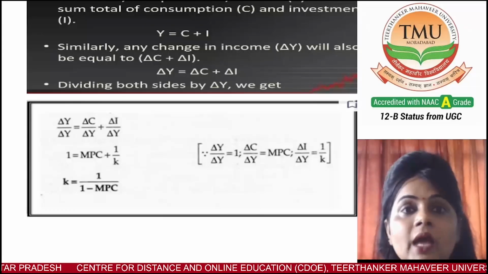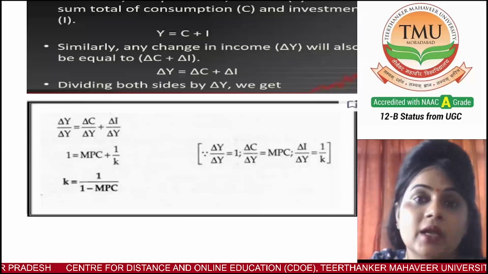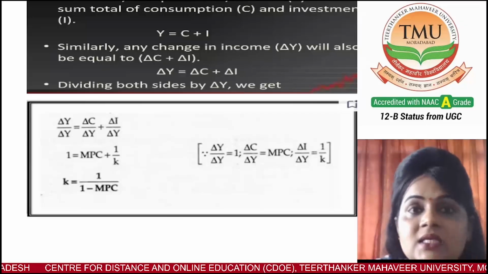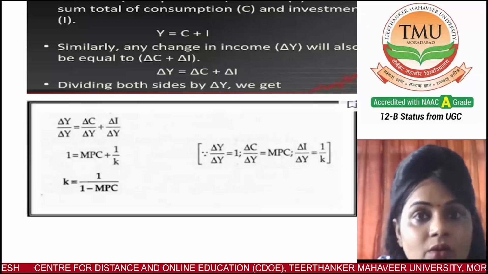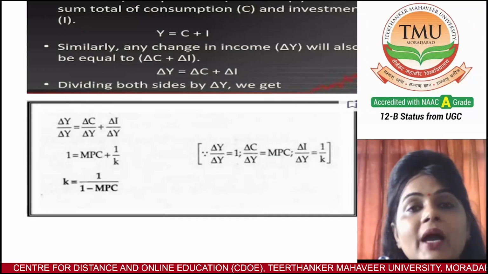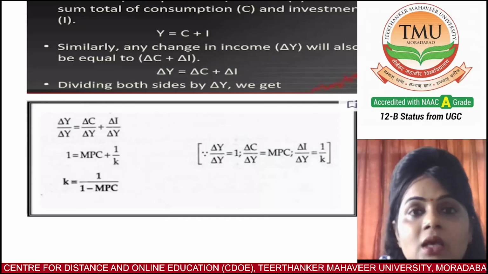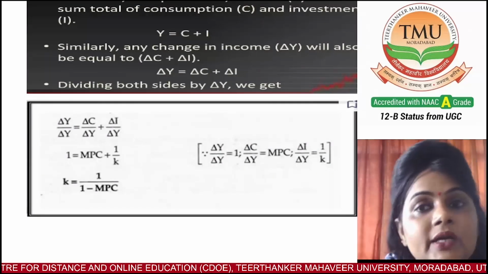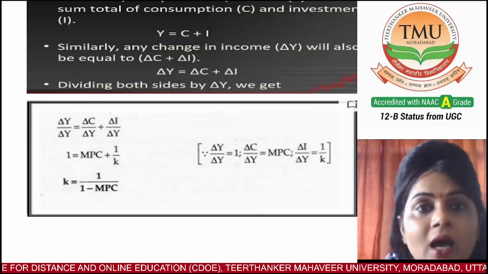Similarly, any change in income, delta Y, will also be equal to delta C plus delta I. Because Y is equal to C plus I, so delta Y is equal to delta C plus delta I.